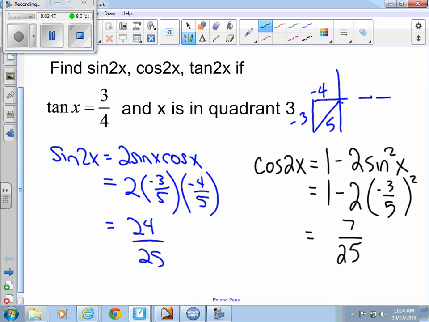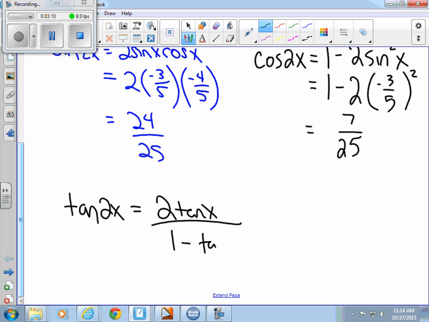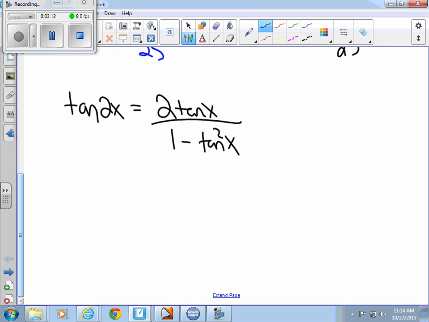And then tangent, you have two options. You could use sine and cosine, or you could use a tangent double angle identity. It doesn't matter. You would get the same thing. It would be faster if you divide those two. I'm just going to use the tangent double angle identity just to practice it. So, 2 tan theta over 1 minus tan squared theta, and tangent of theta is 3/4.